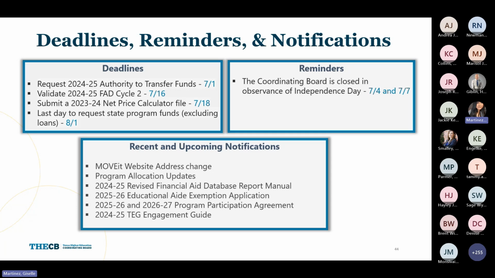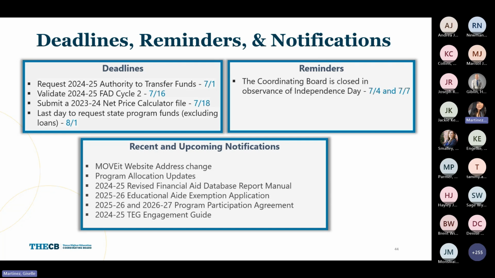We are also planning to send out allocation announcements for 25-26 and 26-27 for specific programs. We have also published a revised financial aid database report manual for 24-25, so please replace any copies you're using to ensure you have the correct instructions.